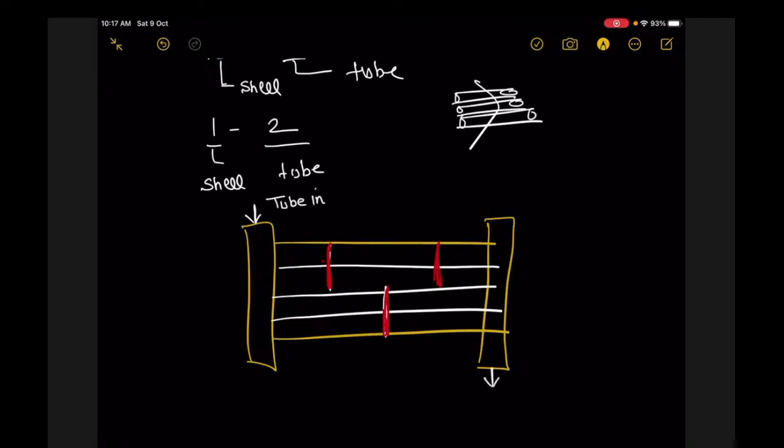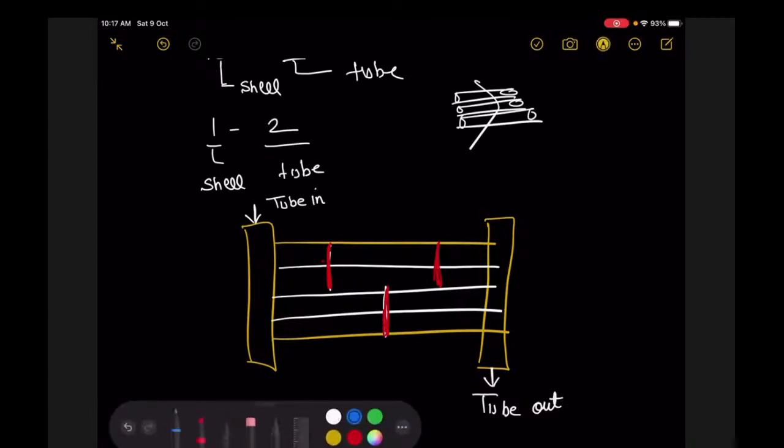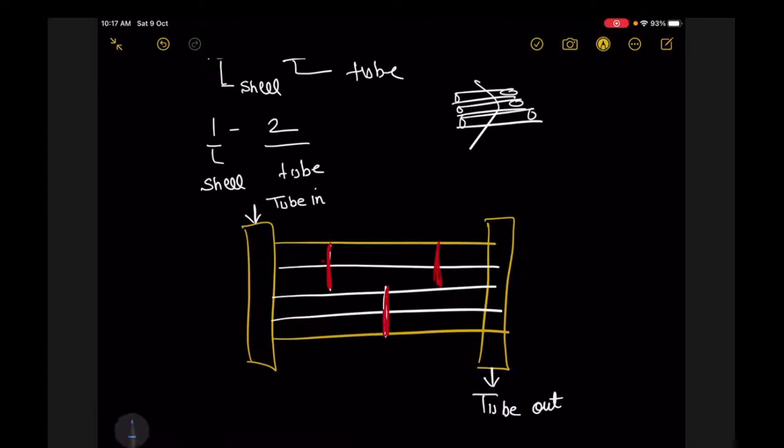This is tube out. So shell fluid will move like this.